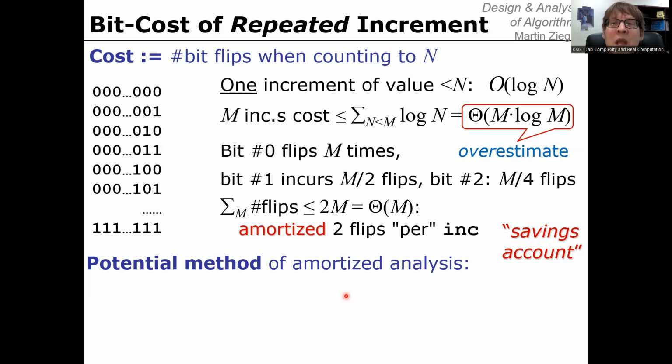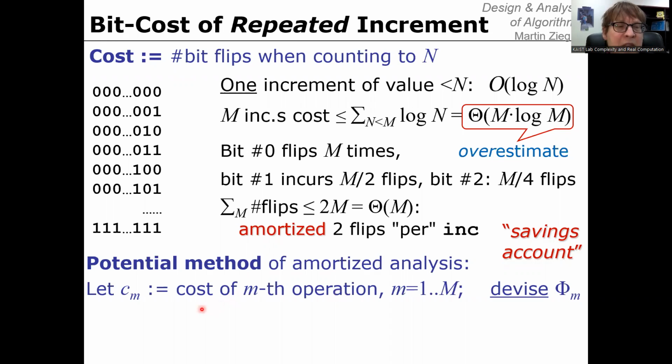If we start with an empty savings account, and during the operation of this data type, there's an actual cost of each operation. Let's denote that by Cm. Cm is the cost of the mth increment operation. But we also have the corresponding balance of the savings account that may go up and down over time.